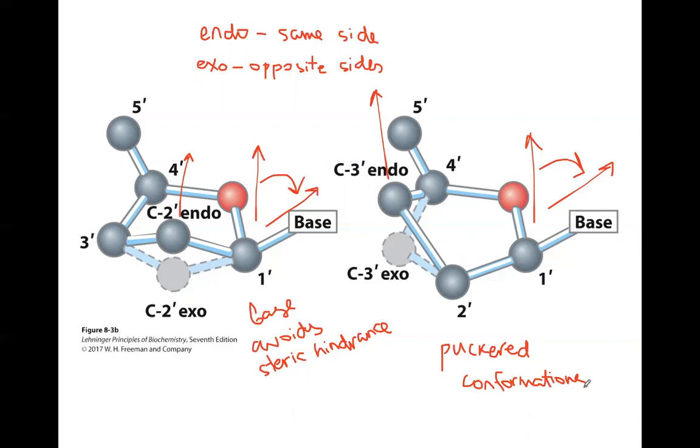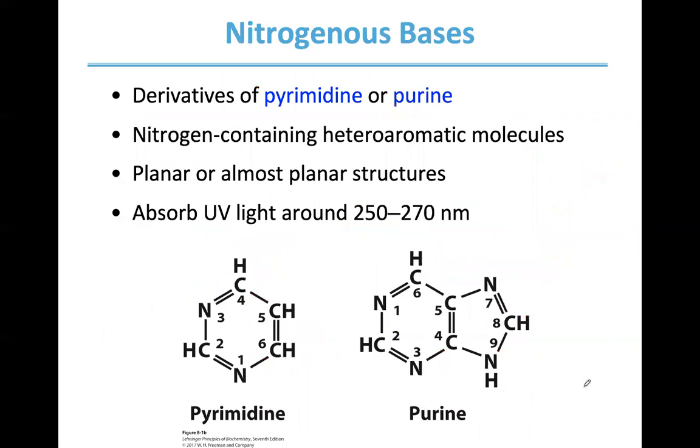All right, any questions? So this is the ribose, not planar. Keep that in mind. And for the nitrogenous bases, I told you that there are two main types. There's pyrimidine and there's purine, right? And now these are heterocycles.